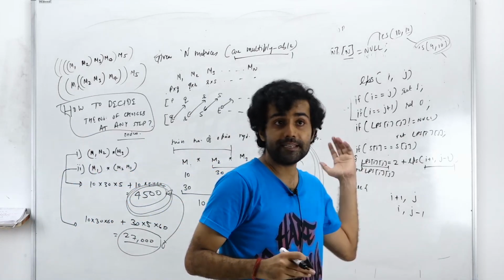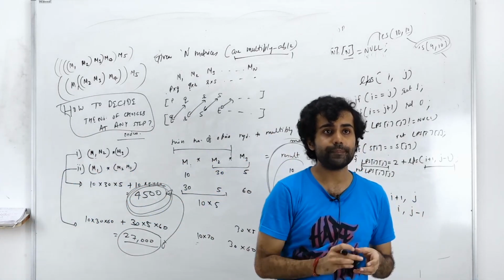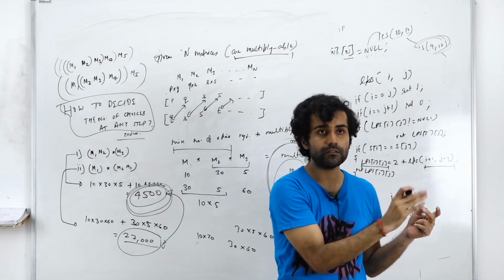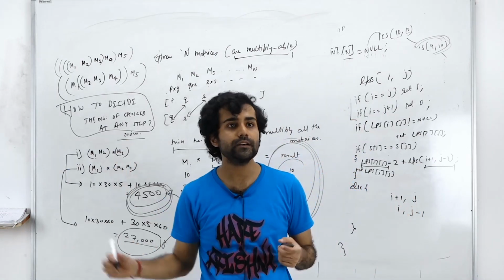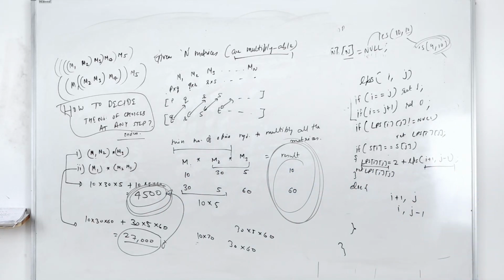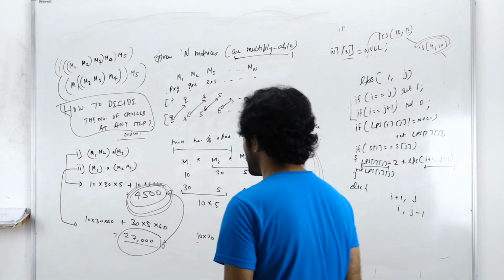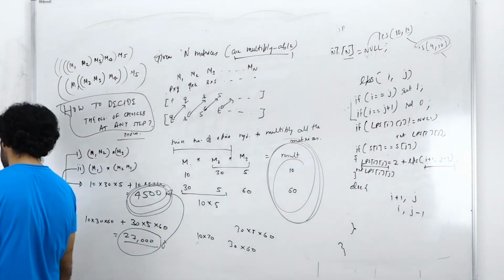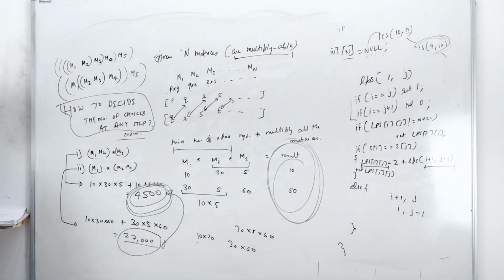Because see, in LCS, when the characters did not match, you had two choices, (i, j minus 1) or (i minus 1, j). Similarly, here also you have multiple choices. If you are able to figure those choices out, then your job becomes done. Okay? And think of it recursively and think of it in terms of breaking a large problem into smaller problems. If you are able to think like that, then your job becomes done.